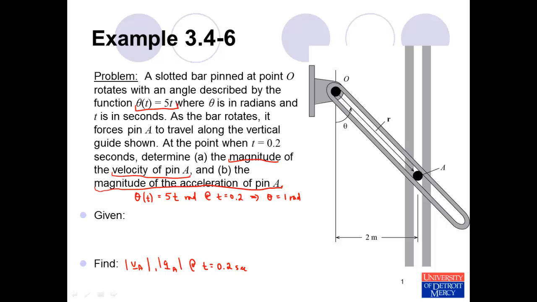So far, we've learned 2 different coordinate systems, xy or Cartesian coordinates, and nt or path coordinates, and most recently we learned a 3rd coordinate system called a polar coordinate frame. Since this particle is moving in a straight line, we could use xy or Cartesian coordinates to solve this problem.